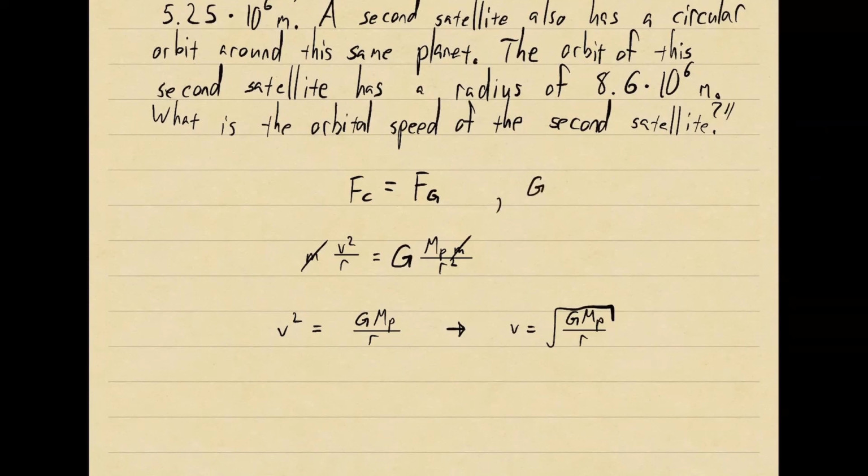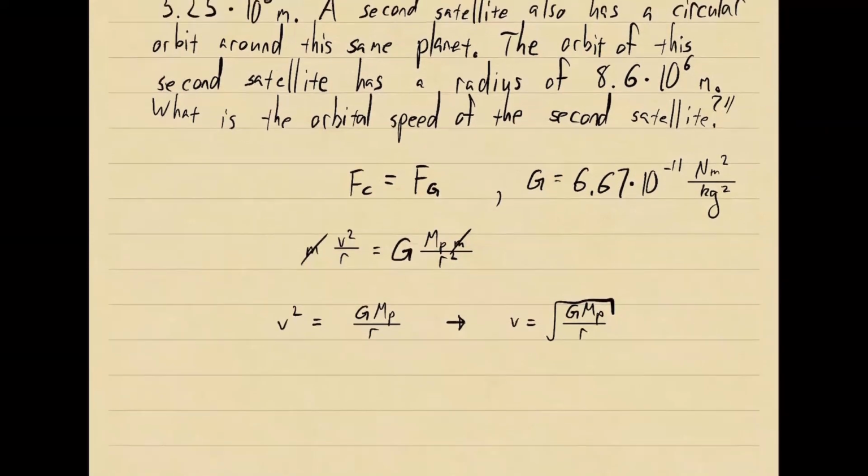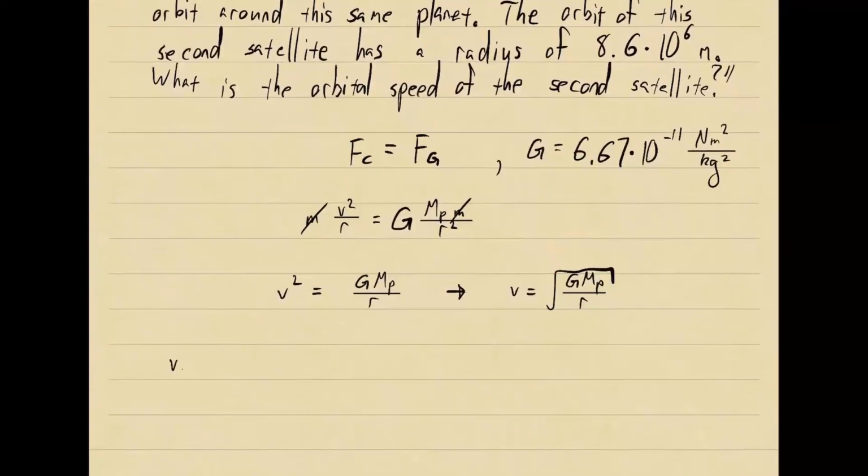Here I just want to point out that g is 6.67 times 10 to the negative 11 Newton meters squared per kilogram squared. So here's what we can do. Let's call it the first satellite.